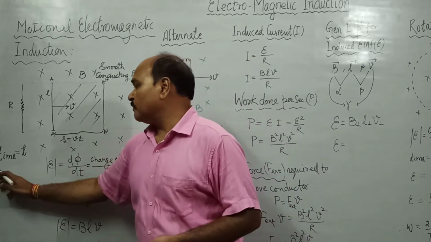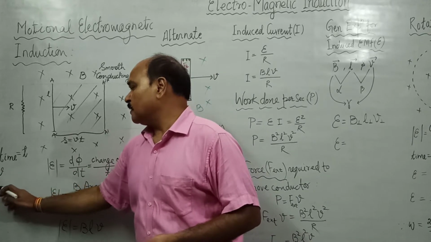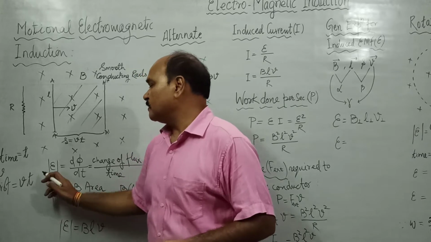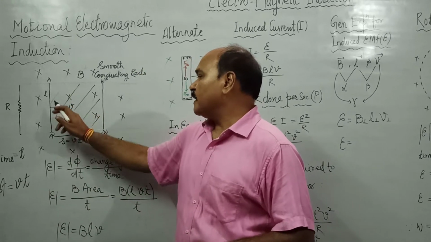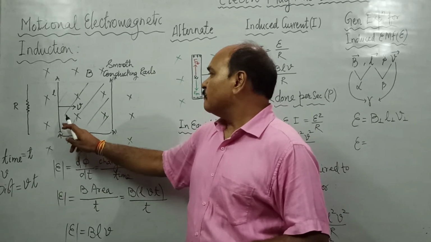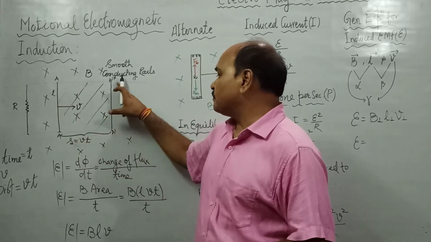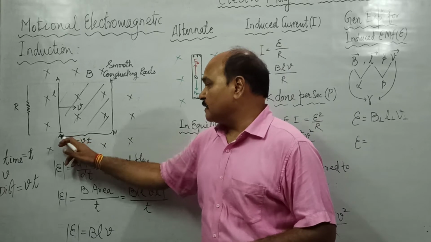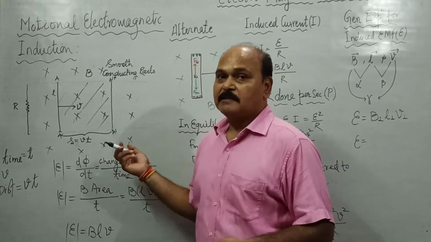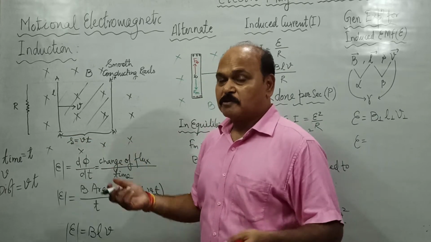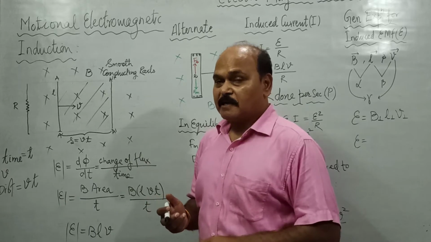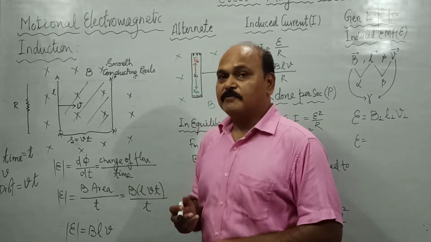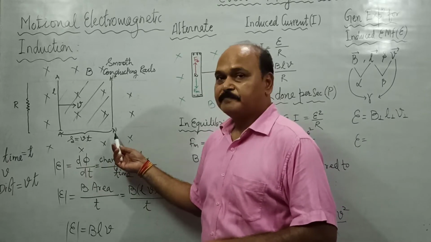Velocity into time t. So as conductor A moves from this position to this position, read as A dashed, the distance covered is vt. In time t with velocity v, the conductor covers distance vt. So this distance is vt.